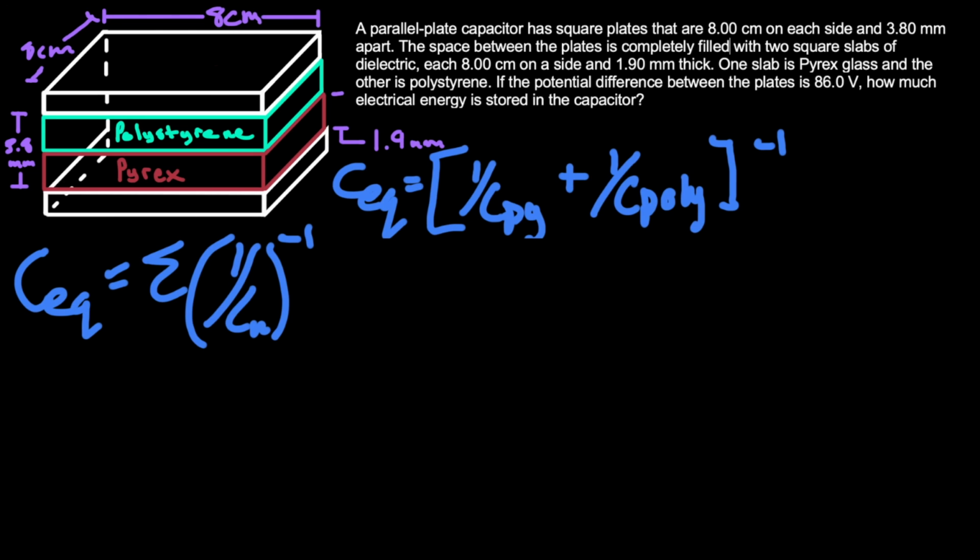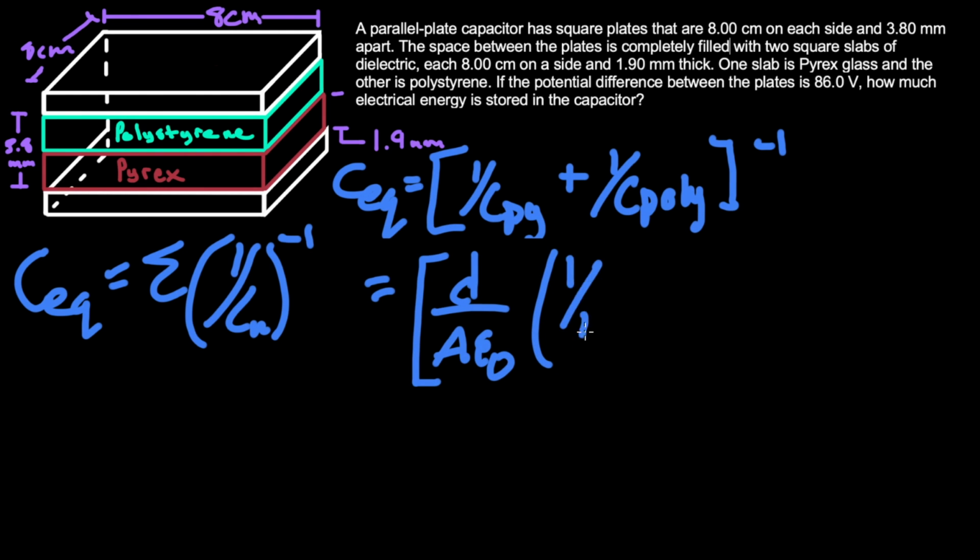So I will now be writing this as taking my d, not my kappa, sorry, my area of a single plate times epsilon naught, and then over 1 over kappa for the Pyrex plus 1 over kappa for the poly, right?